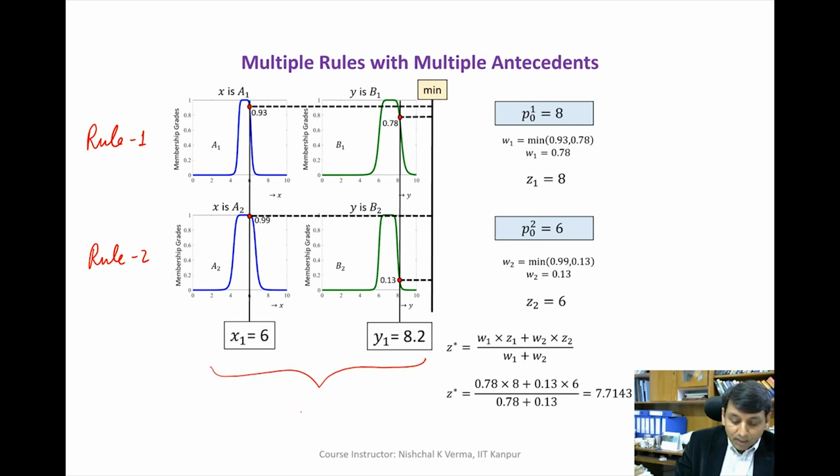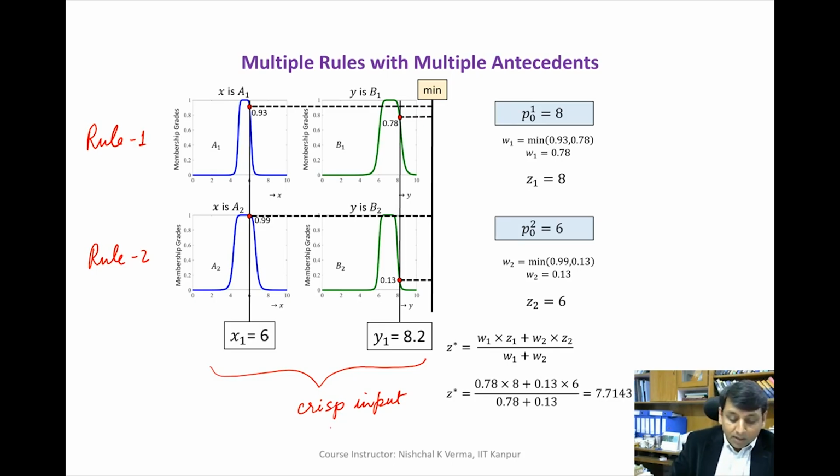Please remember that this input is a crisp input. Any arbitrary input which falls within the fuzzy regions of A1, B1, A2, B2 can be taken, or else it may be given as an unknown input suitably.